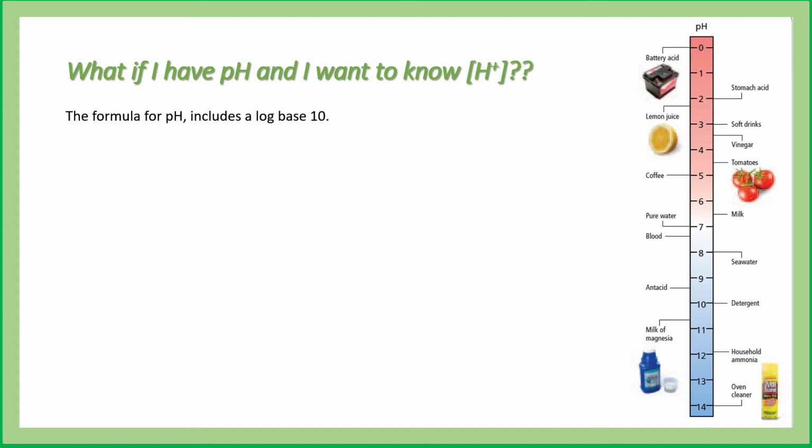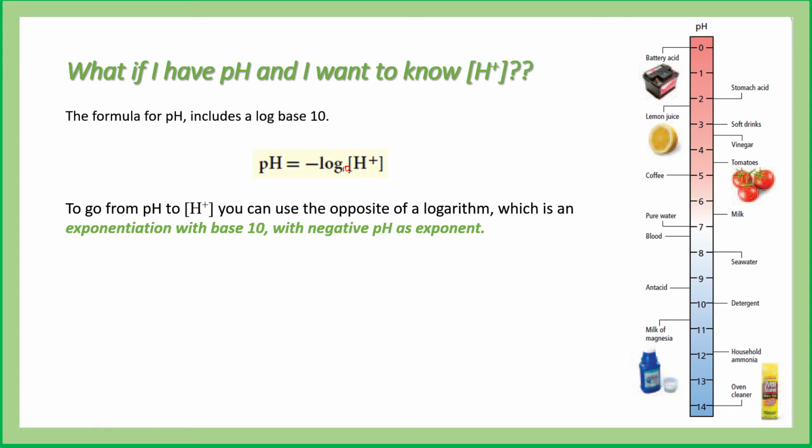Because the formula of pH includes a logarithm with base 10, if you want to go from pH to hydrogen ion concentration, you can use the opposite of a logarithm base 10, which is an exponentiation with base 10 with negative pH as the exponent. This is the formula: the concentration of hydrogen ions will be equal to 10 raised to the negative pH.